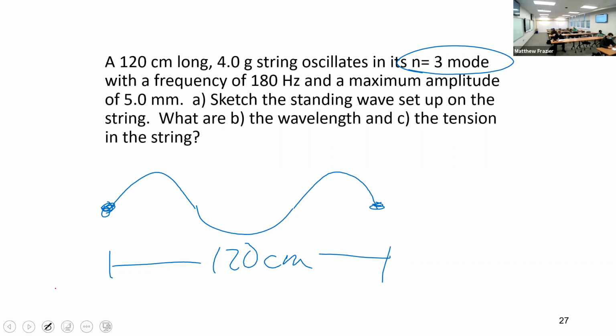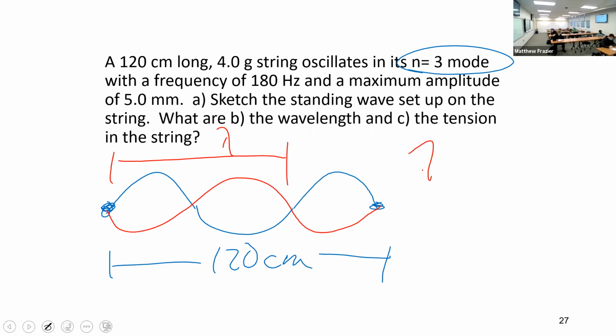And then we'll put in, in a different color, the other 2. All right. So from this, we can identify the wavelength directly. It's that. So it's 120. We're dividing it into 3 chunks. It's 40. So lambda is 80 centimeters.